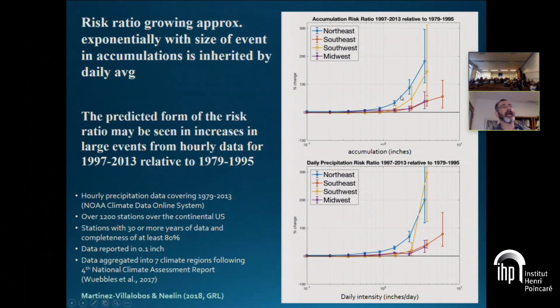And without attribution of this, you can say that when you do have this type of change, it follows the form that we have been arguing for with this approximately exponential increase in the risk ratio.